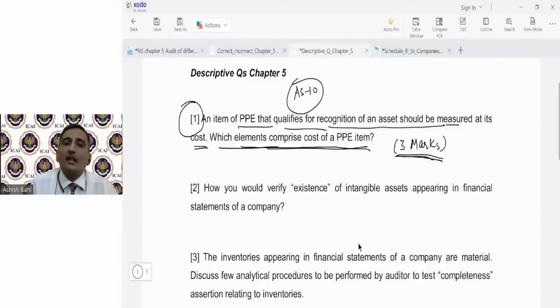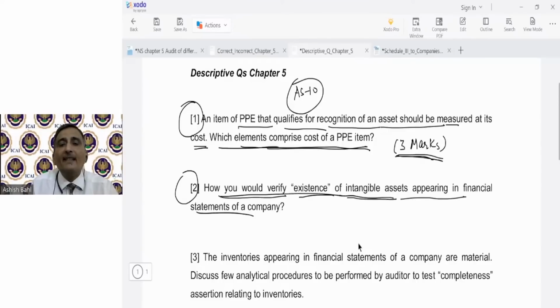So the second question is how you would verify the existence of intangible assets appearing in the financial statements of a company. So the basic thing you must not forget, students, while doing various assertions, while doing how to verify various items, is that you must not lose sight of fundamental concepts.